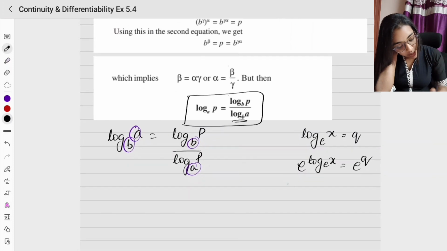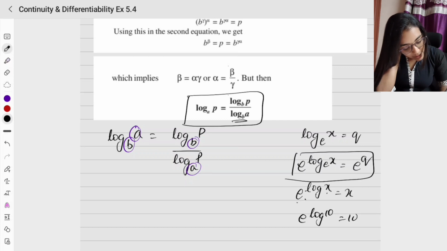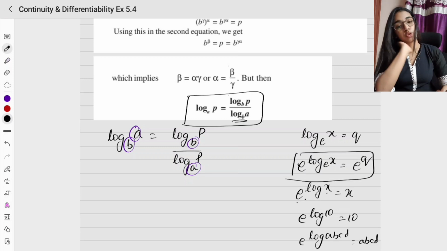You also should know that e to the log of something is the value itself. So there are two rules. One, you have to take your exponent, and the next thing is e to the log of some value is going to give me the value itself. E to the log of 10 is going to be 10. E to the log of a, b, c, d is going to give me a, b, c, d. So you should know these basic rules.